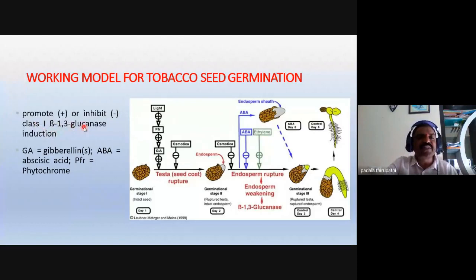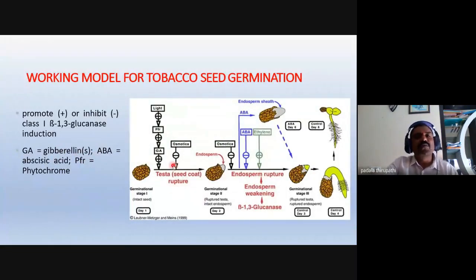This is the compound state of abscisic acid, the class 1 beta-1,3 glucanase. GA is gibberellic acid, ABA is abscisic acid, and PFR is phytochrome. So among these three, phytochrome, gibberellins and abscisic acid concentration, this is the working model.